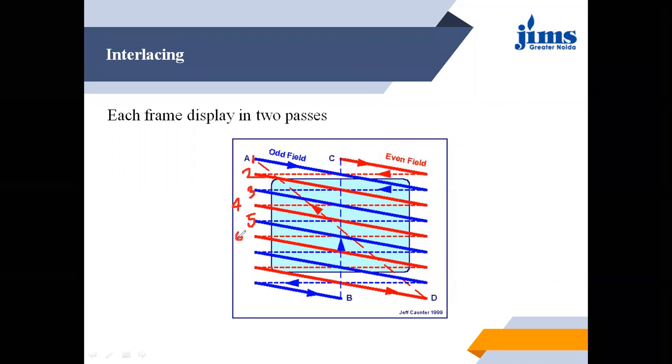So the electron beam accesses once the even fields and at another time the odd fields.